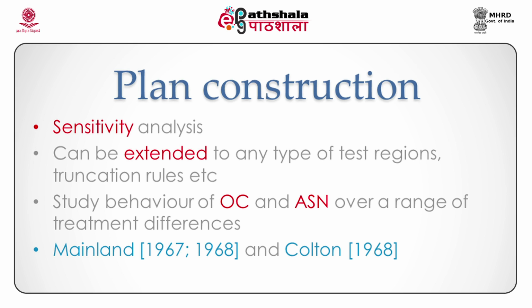Mainland and Colton discuss the advantages and limitations of sequential procedures in clinical trials, and of course the major advantage is that a superior treatment is identified with fewer experimental subjects than is usually possible in an experiment with a fixed sample size.